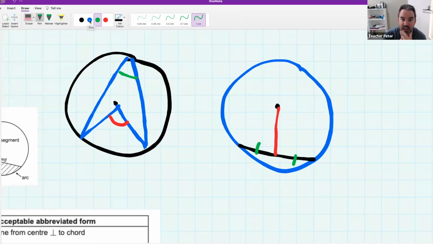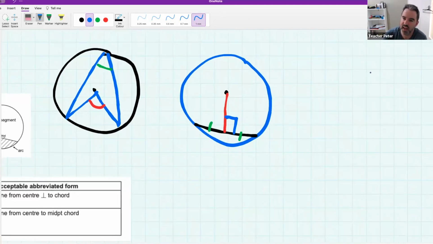So that red line already bisects the chord, yes, but the theorem actually is that if it goes to the midpoint, it will be at what? A line from the center to the midpoint of a chord will always be at 90 degrees, or perpendicular.